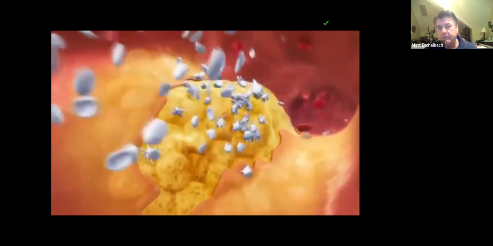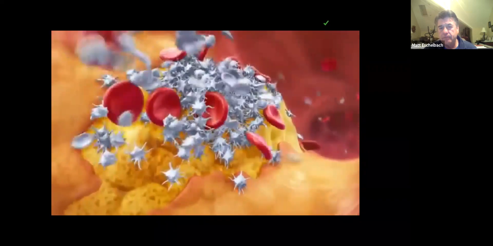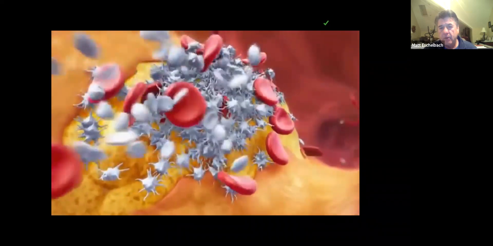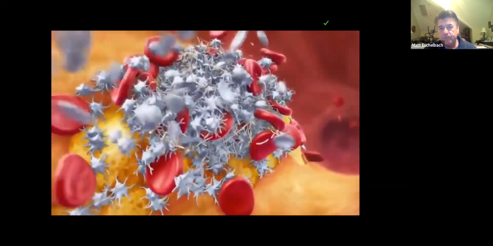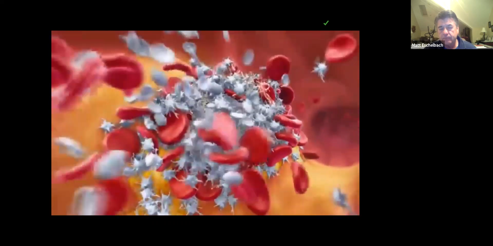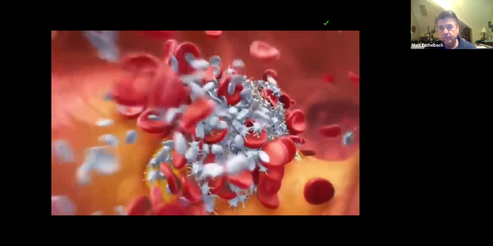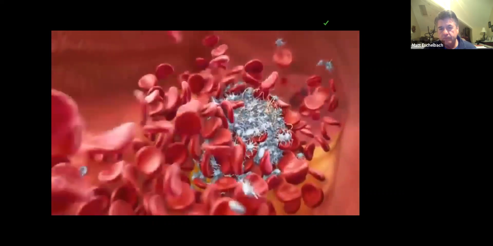ACS events are triggered by the plaque rupturing. This exposes subendothelial matrix proteins and other molecules. Platelets are recruited to the site, adhere to the injury, and, together with red blood cells and fibrin, begin to form an arterial platelet-rich clot. This narrows and eventually obstructs the coronary artery.